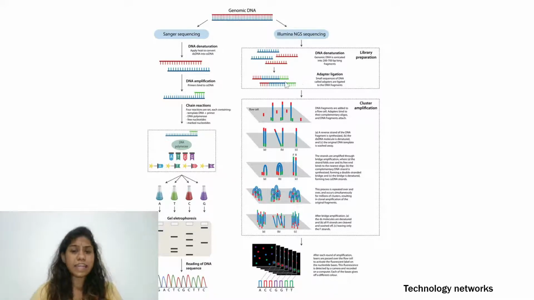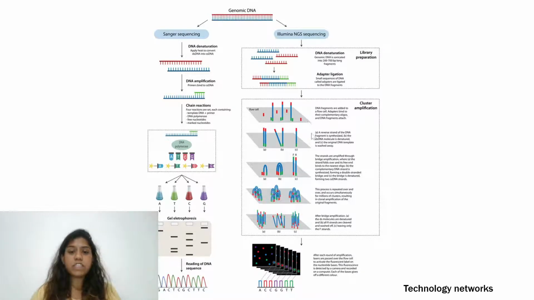They are ligated using the ligation principle to these DNA fragments. They don't have to be specific like a particular primer, like how we use primers in Sanger sequencing. These are just adapters that are ligated to the ends of any DNA fragment whose sequence we do not know. After that, something called cluster amplification is done.